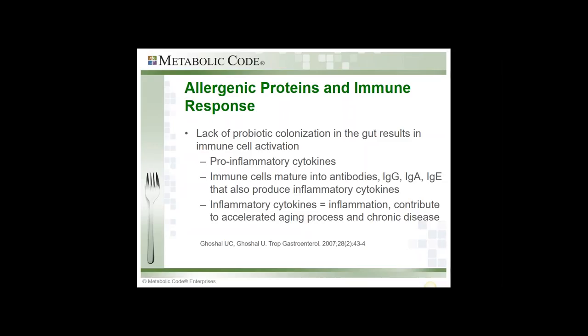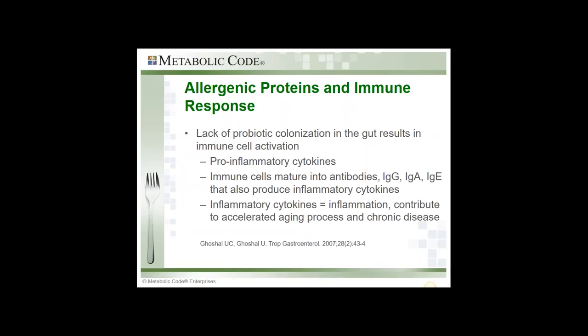And so what we've done is we've put together the Metabolic Code diet that incorporates not only controlling the carbohydrate intake, but has eliminated the highly allergenic foods, wheat and cow's milk dairy, and some other allergens, and therefore it allows people to eat low carb, low allergen, get the inflammation down in the body, and start to figure out their response to high glycemic load foods and their response to highly allergenic foods, and put it all together at the end into a diet that works for them. So that's the whole of what's built into the Metabolic Code diet.